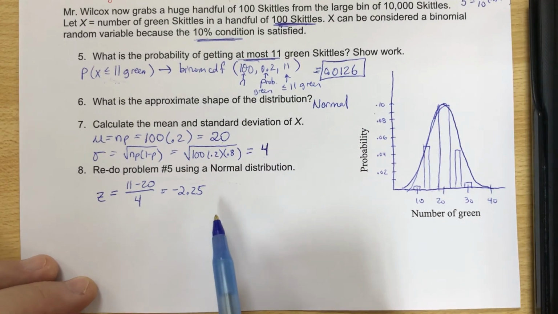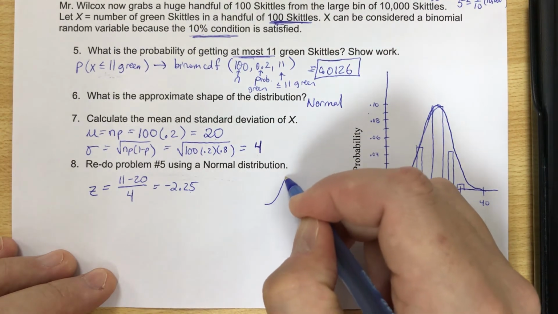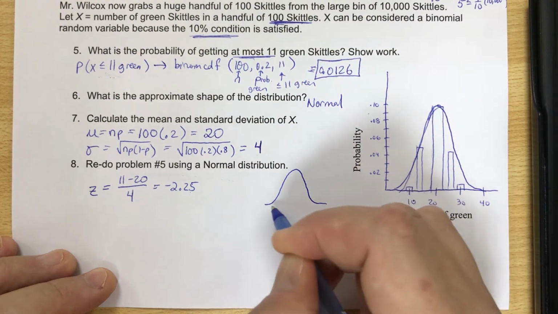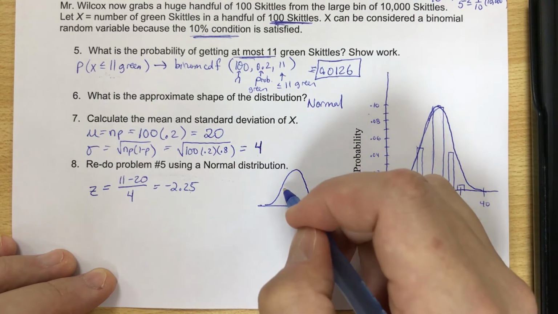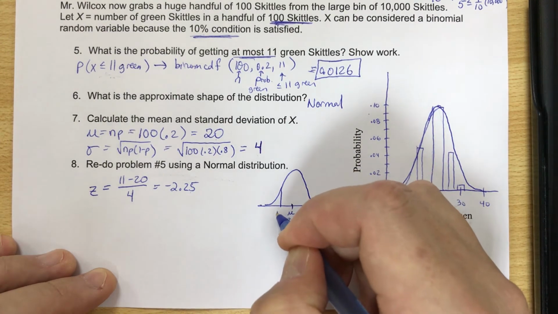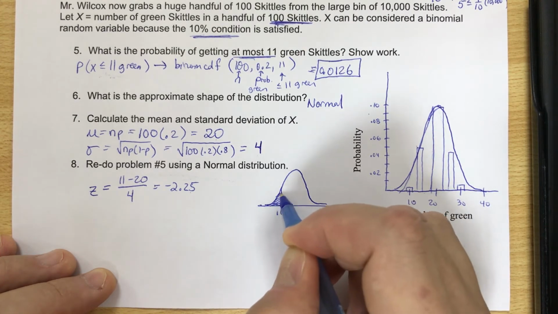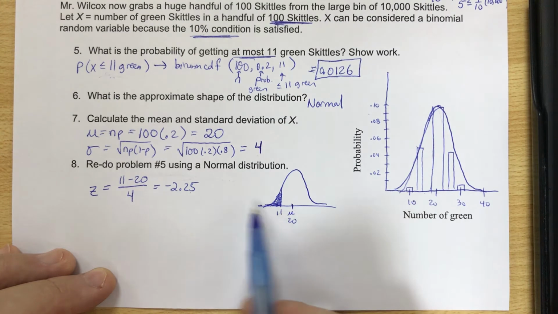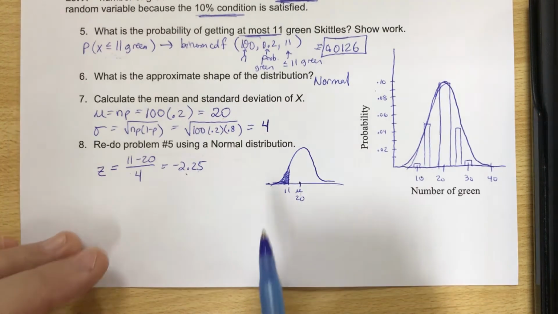So we would be negative 2.25 standard deviations from the mean. Now I'm going to draw what we're looking at here. The mean is 20. We want less than or equal to 11 Skittles, so we want the tail going to the left here. We are quite far from the mean, negative 2.25 standard deviations to the left.